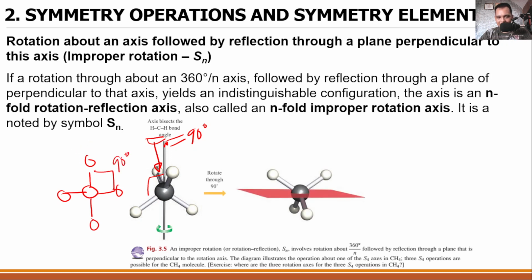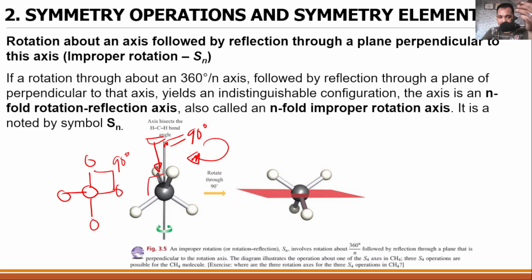Then, upon rotation, right? So, we rotate here. So, remember, use your imagination, guys. This is it, the molecule previously. 90 degrees of rotation. Wait. 90 degrees only. That is how it looks. The same also here.